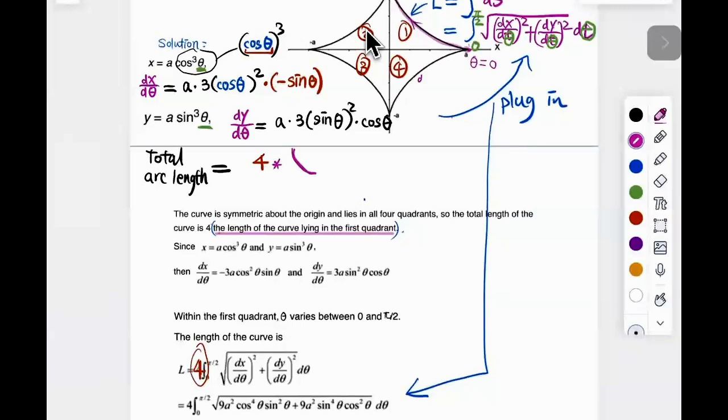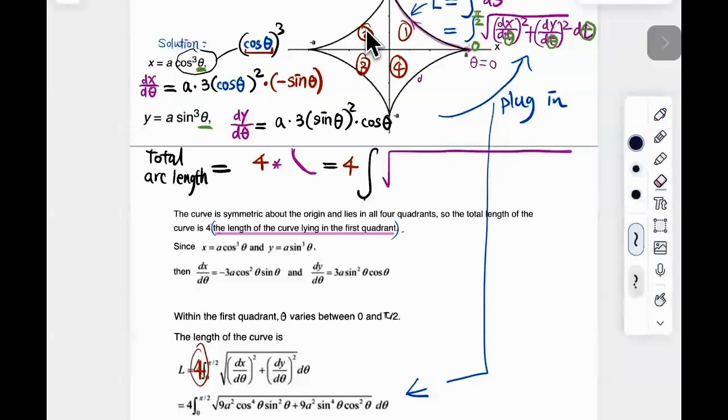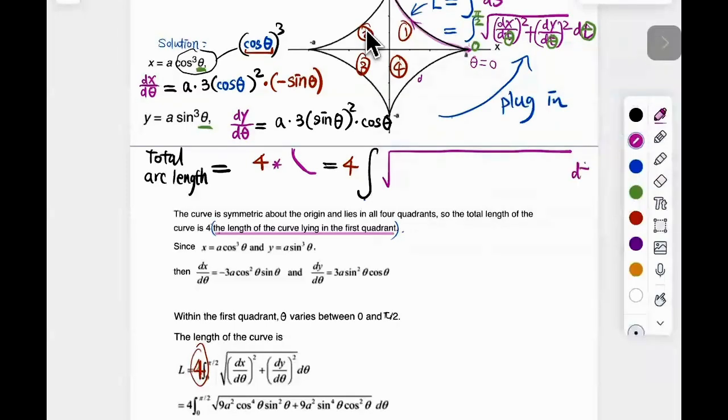So that will be equal to 4 times the integral. Let's do it right here. And then this is the square root. Let me erase this one right here, and we put the d theta outside. dx d theta is 3. Let's put it up here.